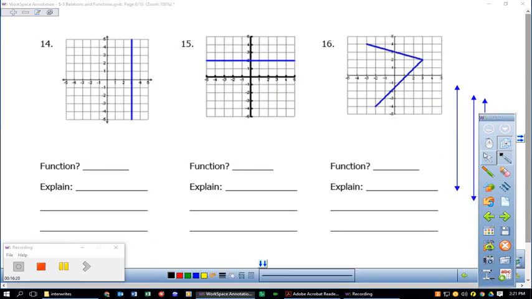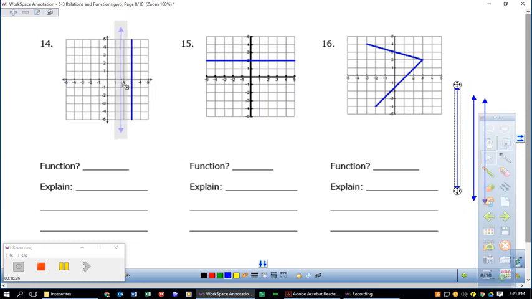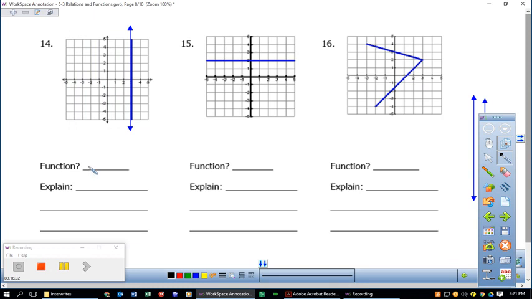Three more like this. We will take a vertical line. Where could you cross 14 with a vertical line more than once? How about right there, right on top of that? So this one is not a function because it looks like 3 has more than one y value.